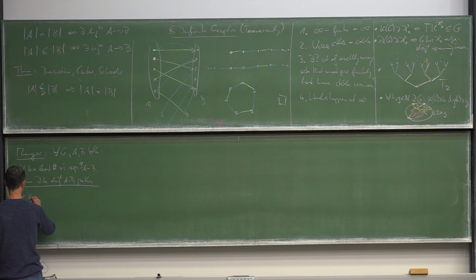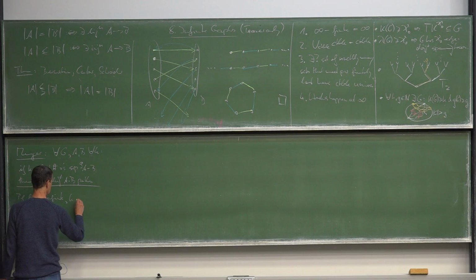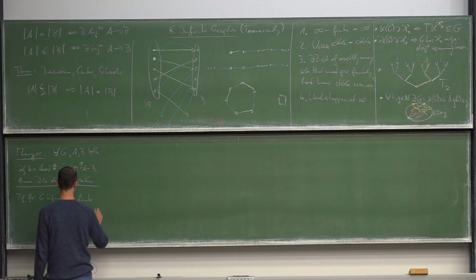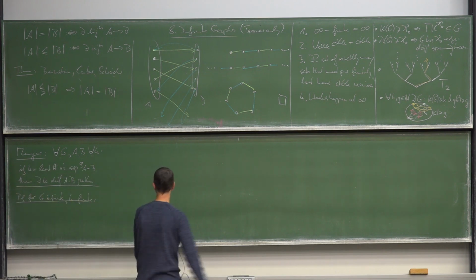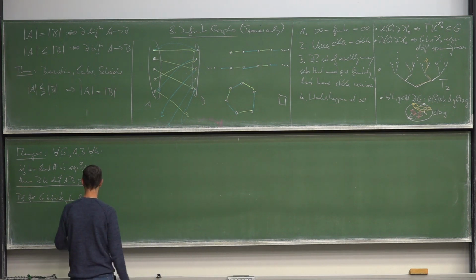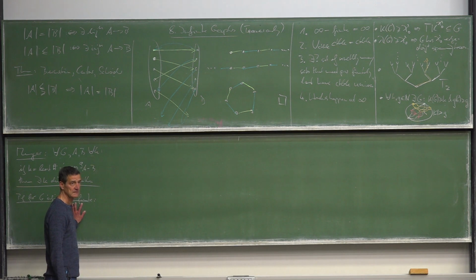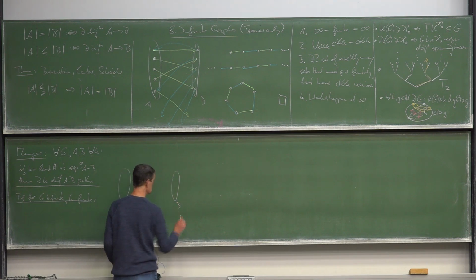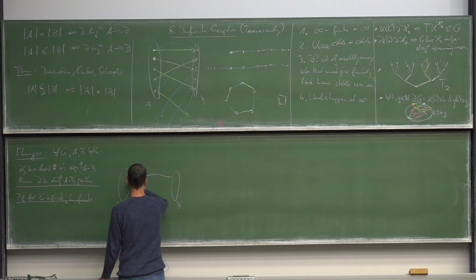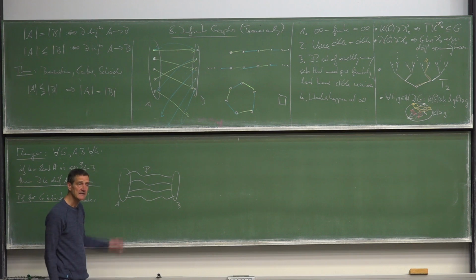Proof for G infinite, K finite. We have A and we have B. Let's take as many disjoint AB paths as we can find.